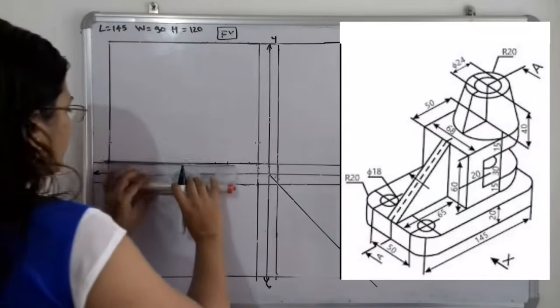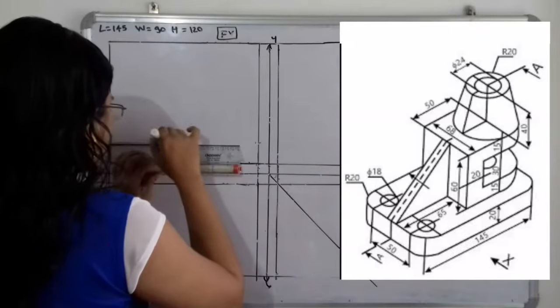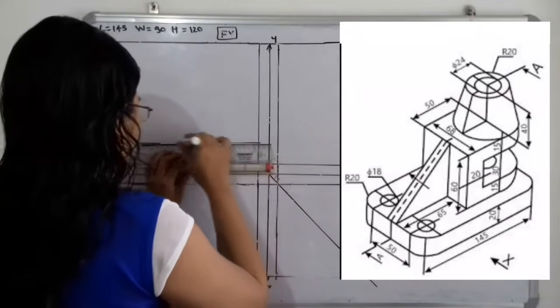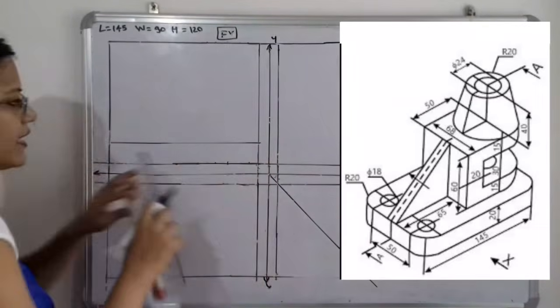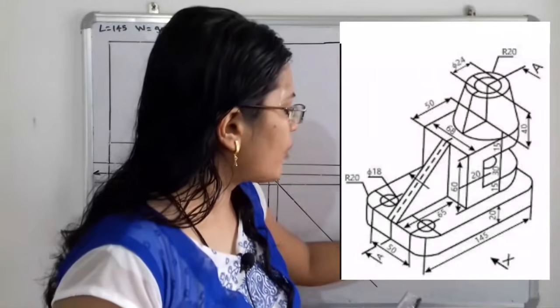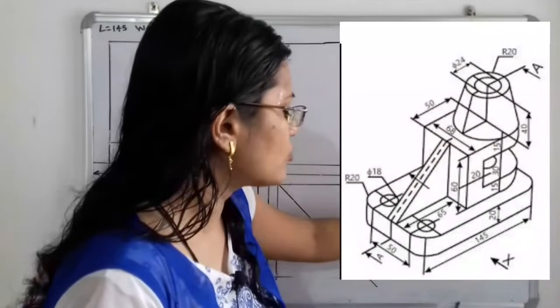Then we will draw one horizontal line, so that we can say that this is the base, and we can see the total length and height of the base clearly.